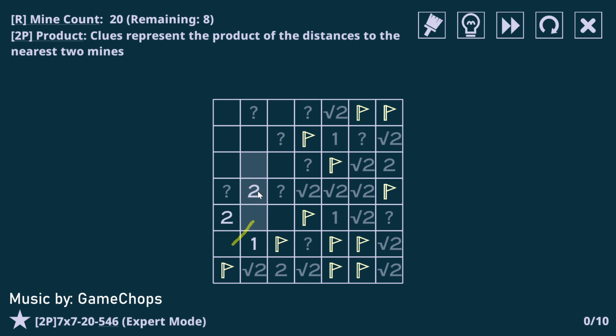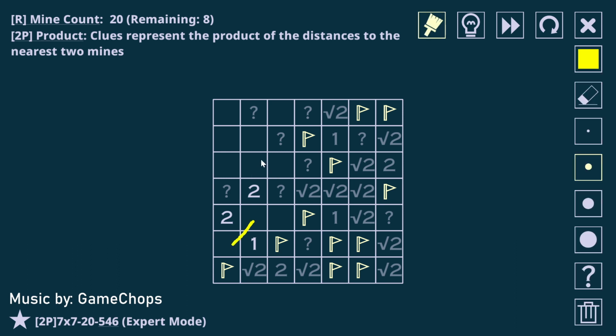Yeah, what is up with this clue? I guess, what was it? If it's 2 root 2, then none of those are mines. And therefore this is a mine.